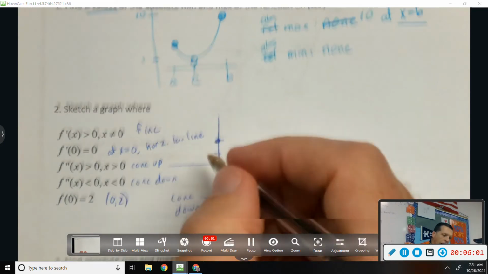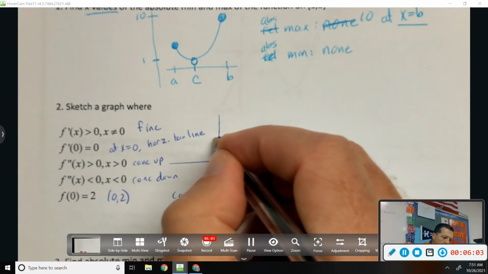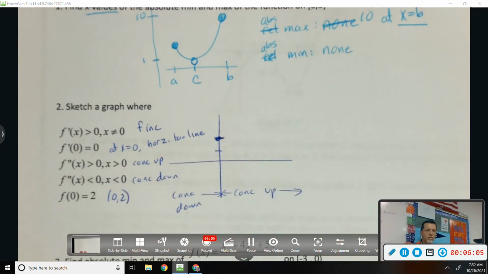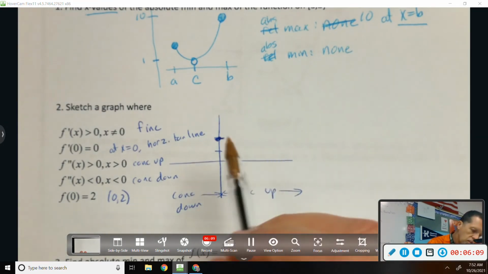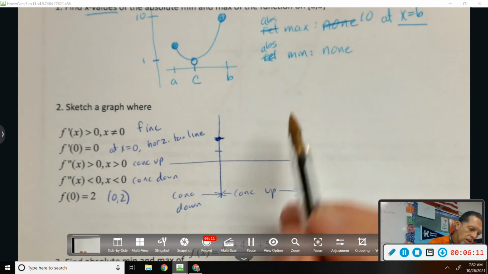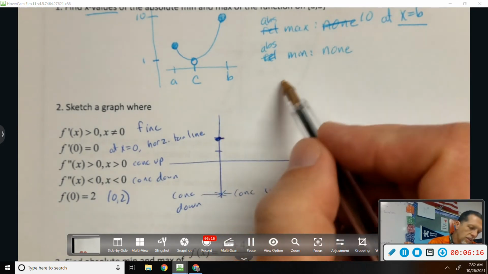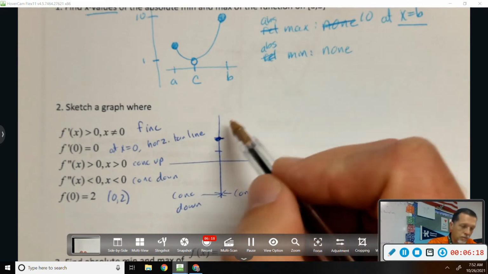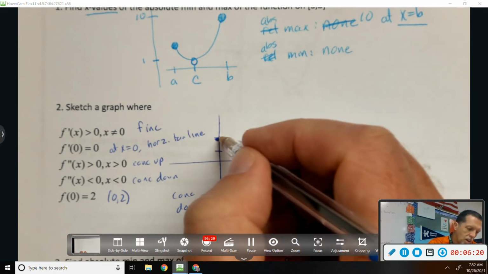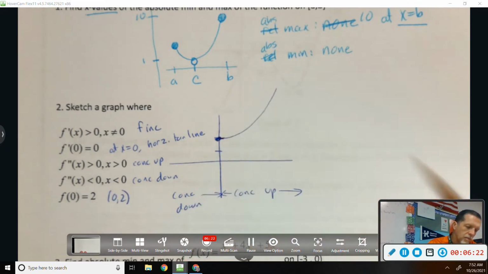All right, so at 0 there's a little bit of a flat spot, just briefly because it's positive everywhere else. So we're increasing the whole way, but on this side we're concave up. So I need to be increasing and concave up. That's what we just drew.